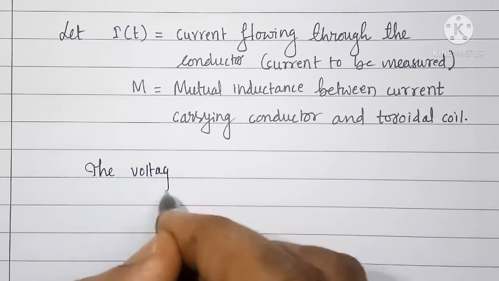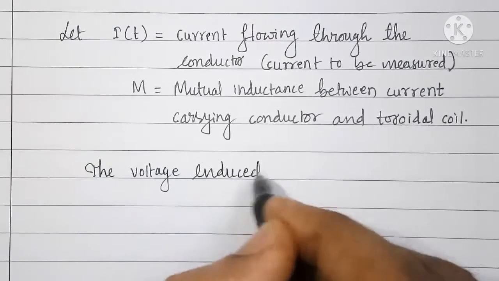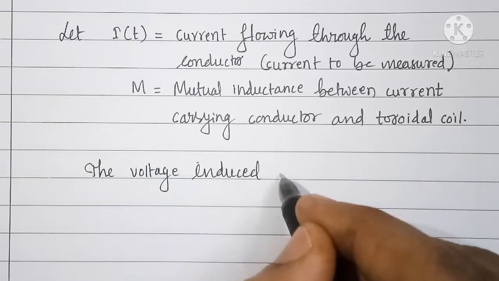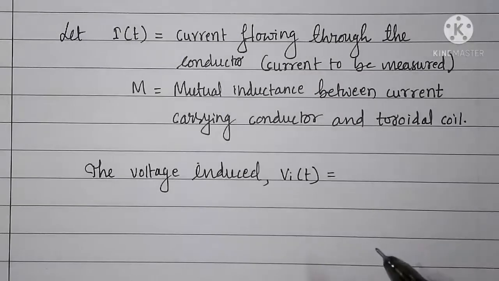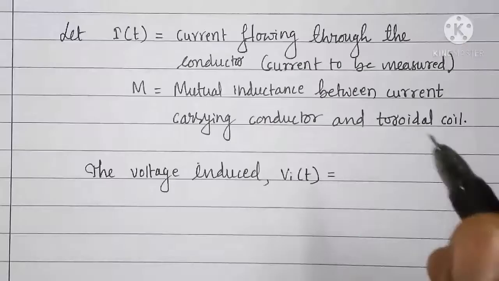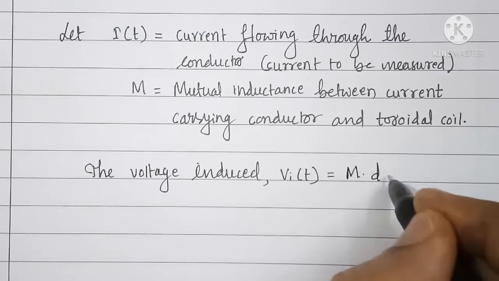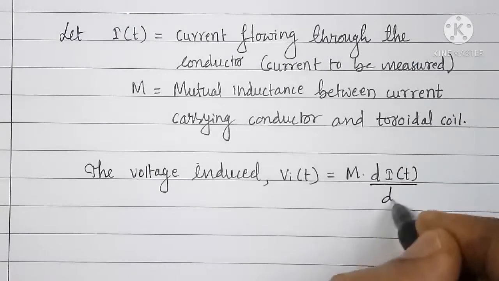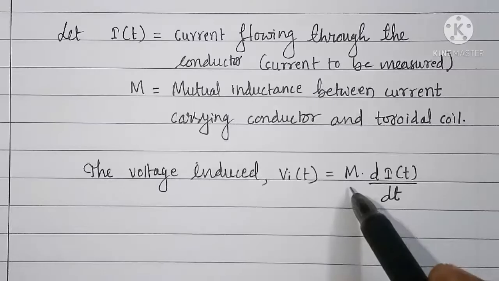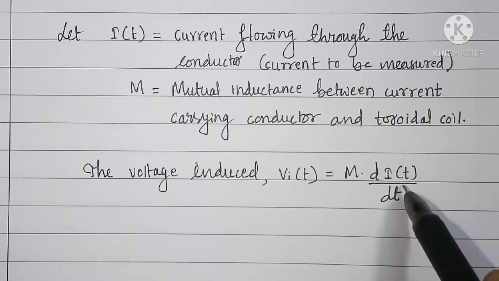The voltage induced, that is Vi of t, is given by M into di of t by dt, that is mutual inductance into the rate of change of current.